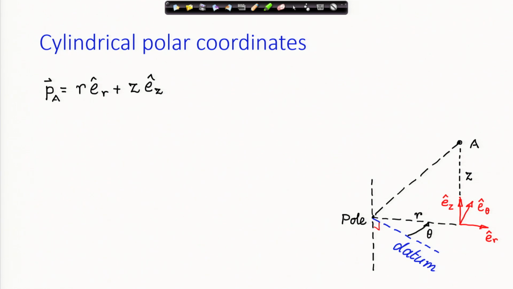Then I represent the position vector of this particle A as r er cap plus z ez cap, which is straightforward to see. So the position vector is along this line, so it is r er plus z ez.